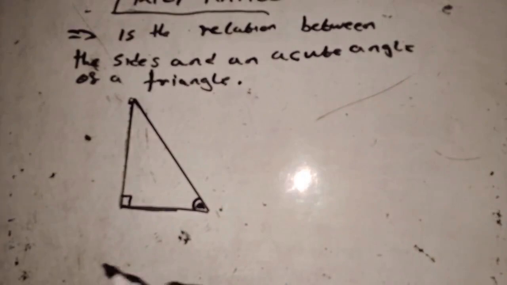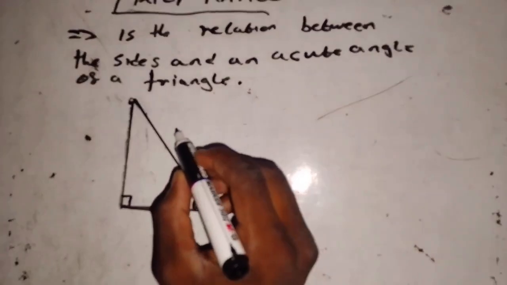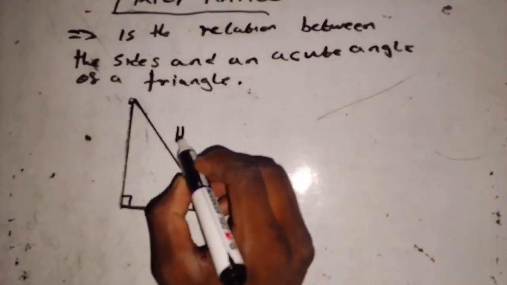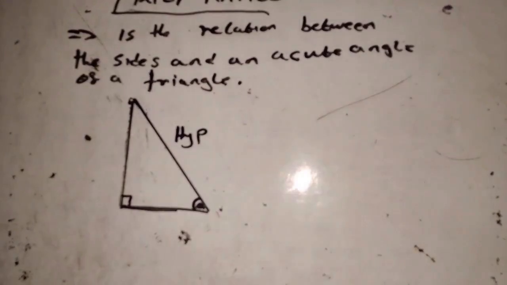The longest side, remember I said, is the hypotenuse. The side which is opposite to the angle theta is called the opposite. A lot of students get confused here on naming the adjacent and the opposite. They swap.